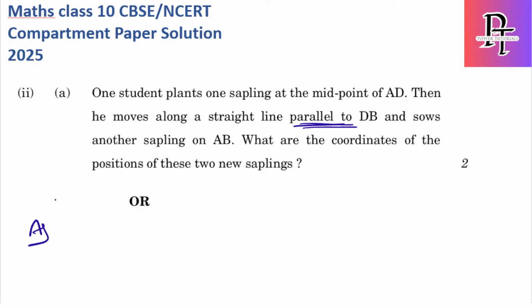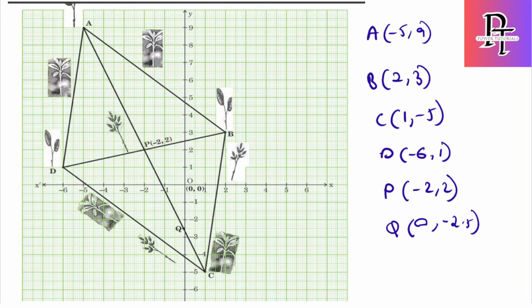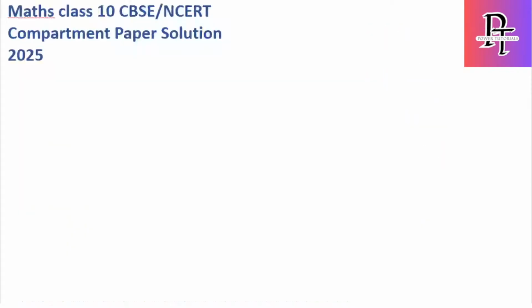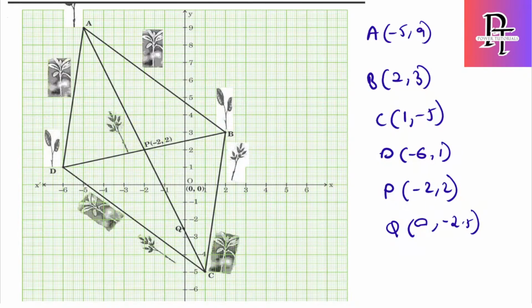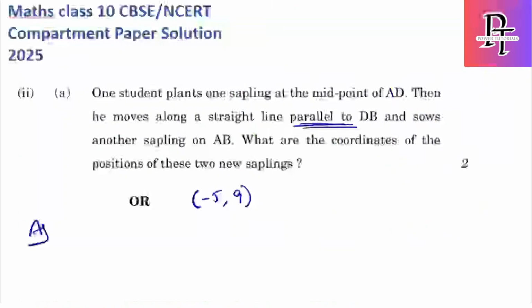So midpoint of AD, let's write the points. A point is minus 5 comma 9, and D point is minus 6 comma 1.